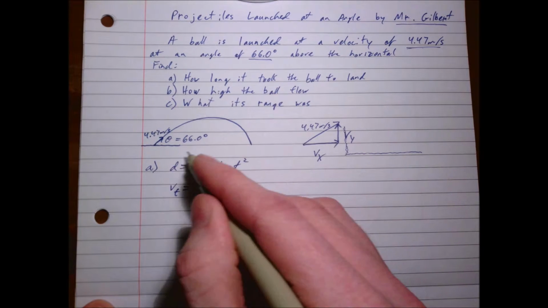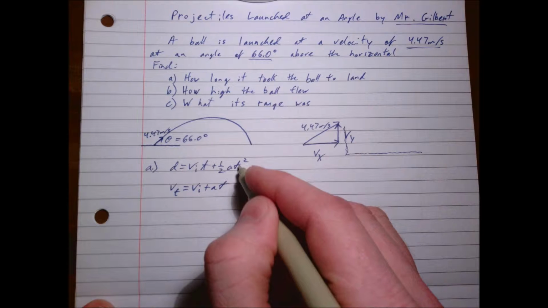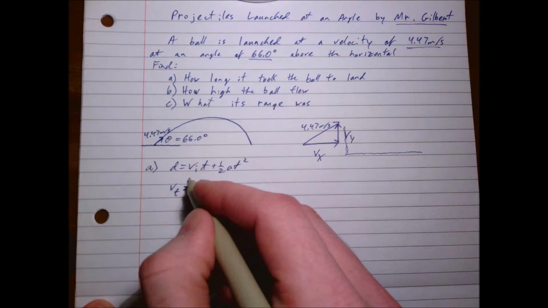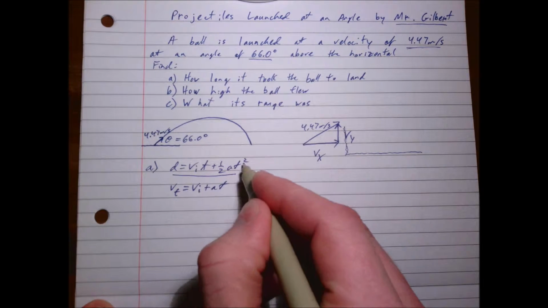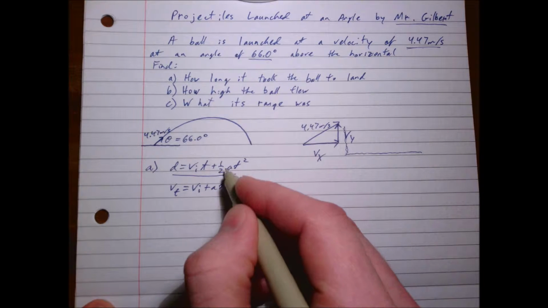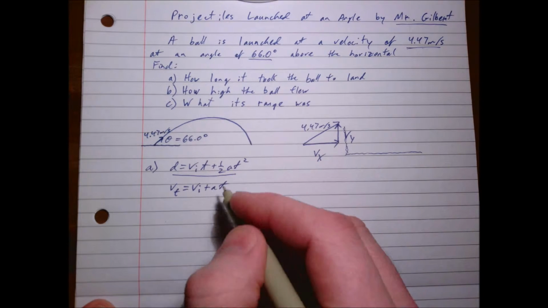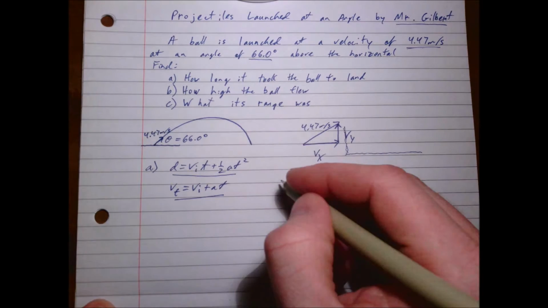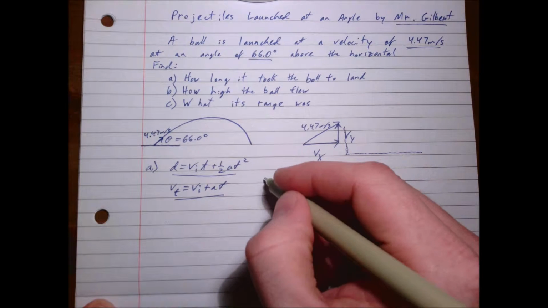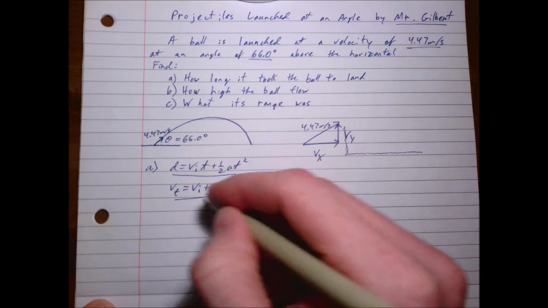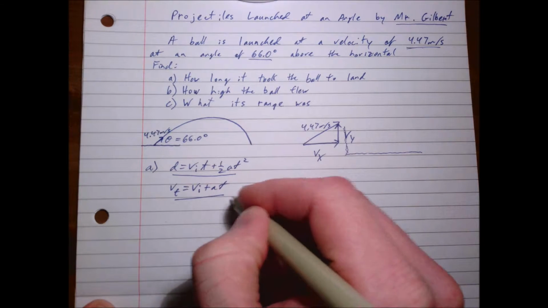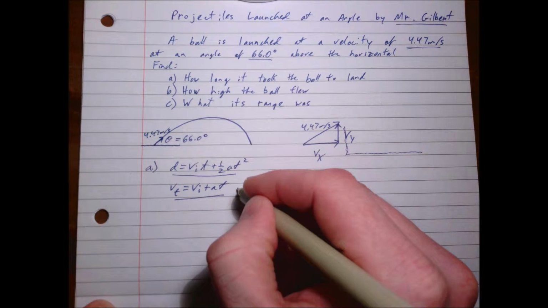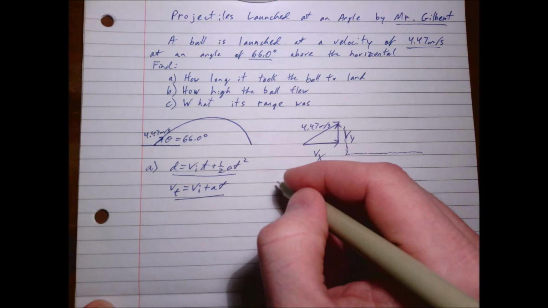Both of these can be used to solve for the time. The first one is a little bit more tricky because you end up with a quadratic. You can solve it, but I prefer this one because it's easier. Why do something harder if you can get the right answer doing something that takes fewer steps and is quicker? If you're writing a test, you want to be quick.